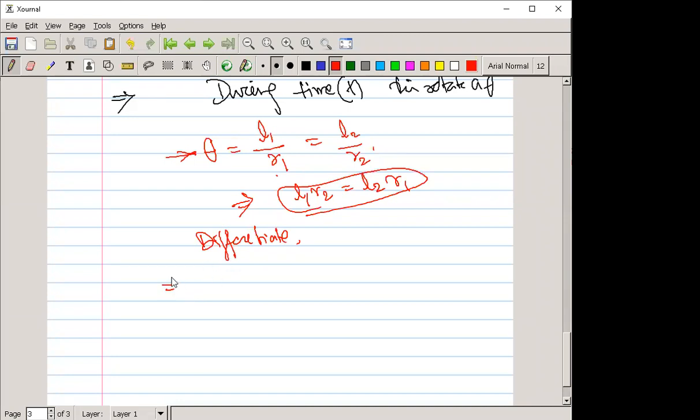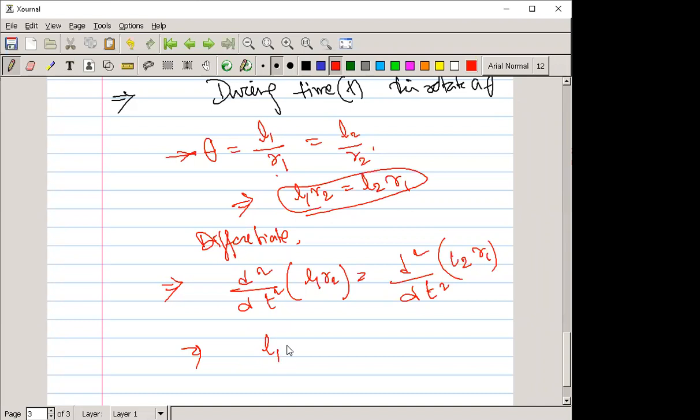If we do the differentiation, d squared by dt squared of L1 R2 equals d squared by dt squared of L2 R1. So we will get: the first one, L1, the velocity and then acceleration.